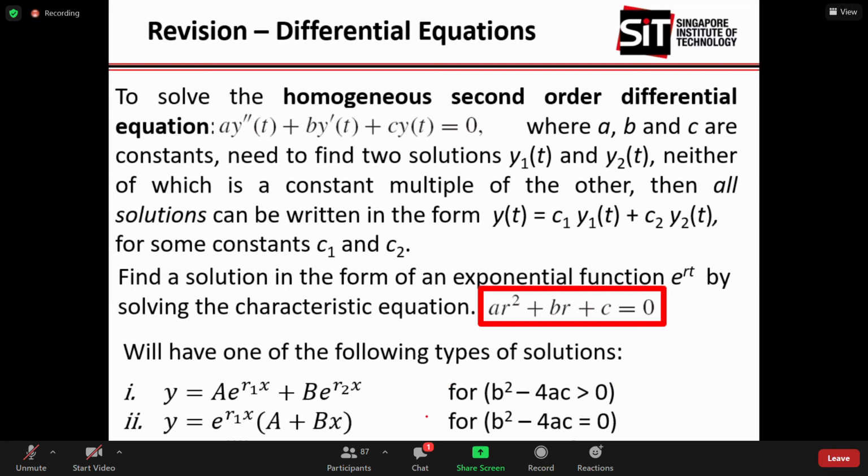Case 2 is when we have two identical real roots. And finally, the third case occurs when the argument of the square root is negative, which gives us two distinct imaginary solutions.